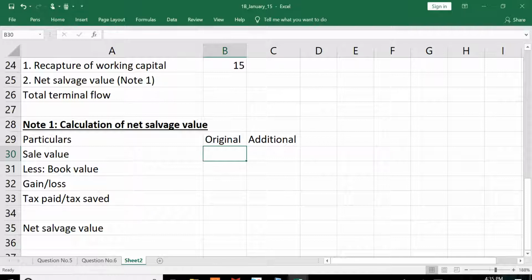This is an important calculation. A lot of times you end up missing this.